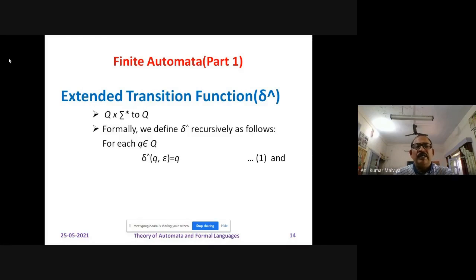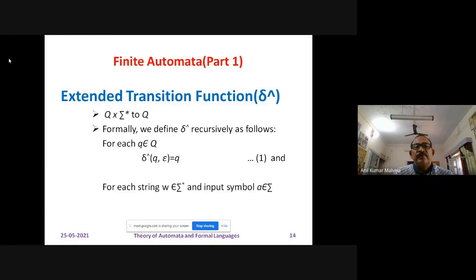So delta cap of Q, epsilon, where epsilon means the empty string, is equal to Q. The machine will work only if it takes information. Without taking any information, it does not move.